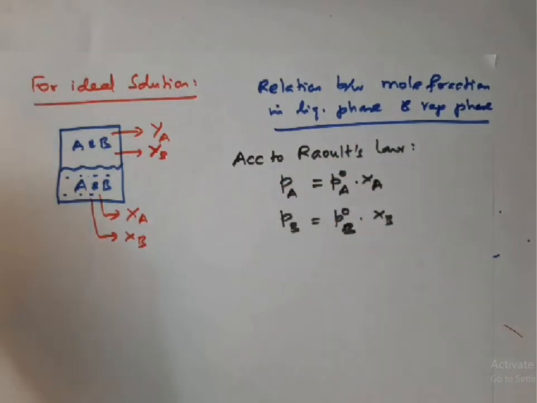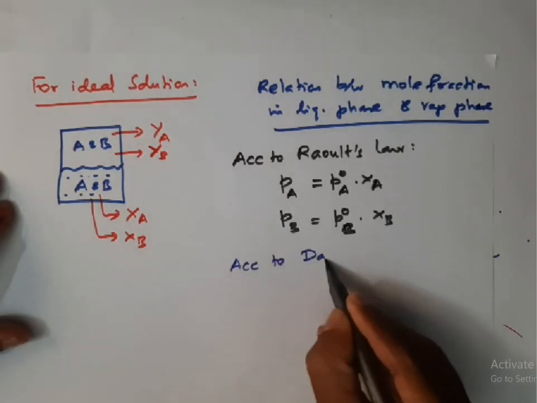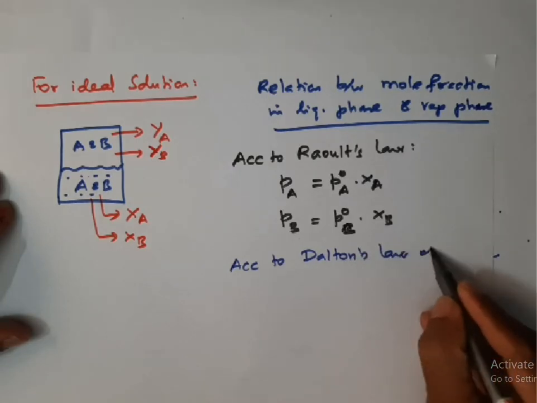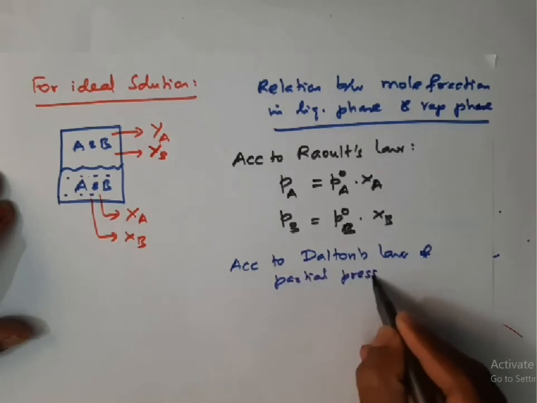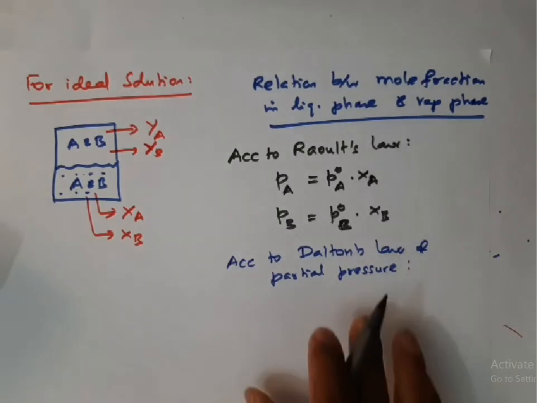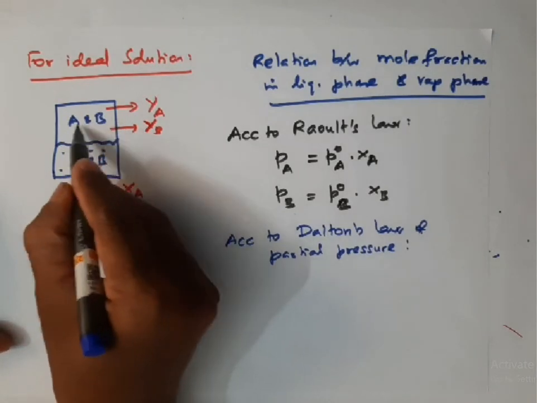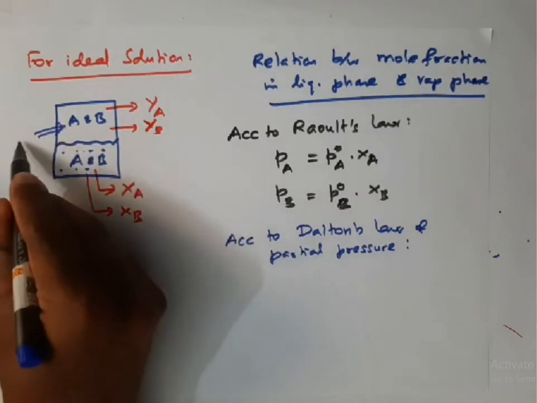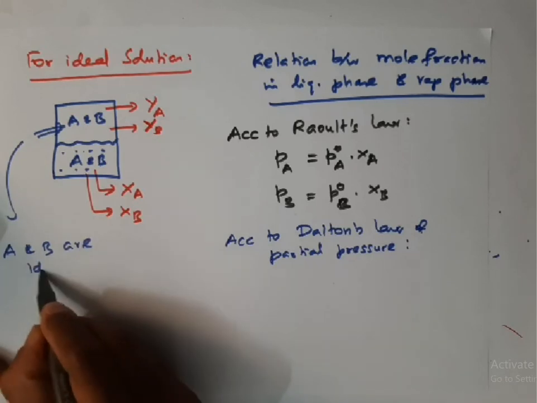Now, according to Dalton's law of partial pressure, you might have heard about this in your 11th standard. Suppose the vapors A and B, assume that they are ideal gases.